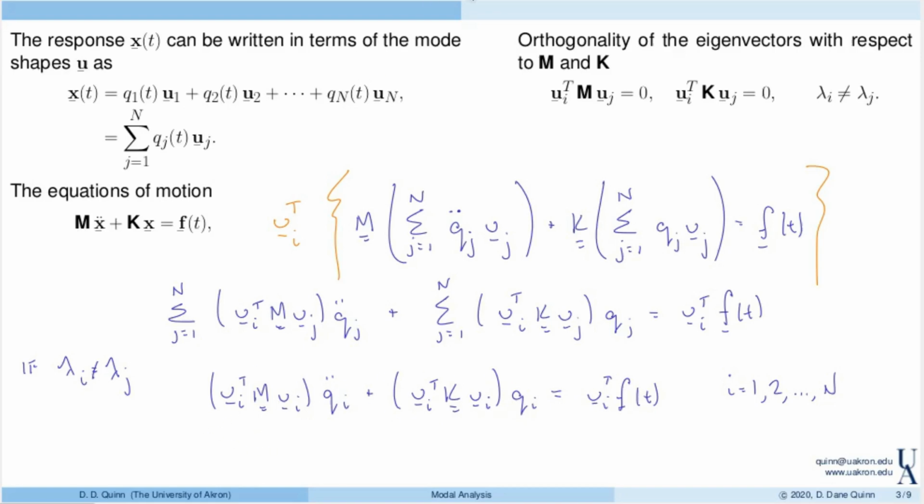So again, we end up with a set, and the set is obtained by changing i from 1 to 2 all the way up to n of n uncoupled one degree of freedom systems. And here, these q's are referred to as the modal coordinates.